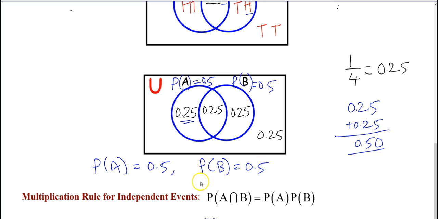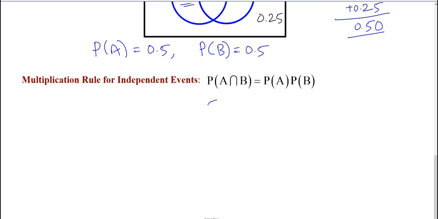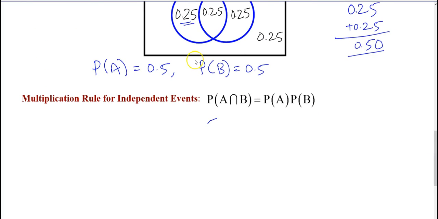If you multiply those two probabilities, what do we get on multiplication of those two?